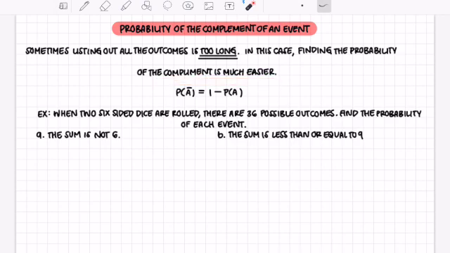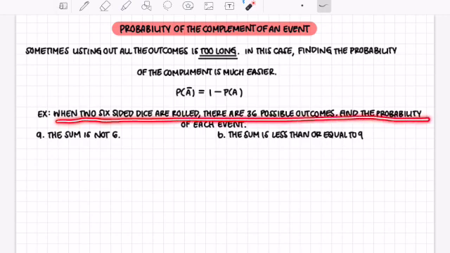And to find the complement, you pretty much find out what the opposite of your statement is asking you for, and you're going to be subtracting 1 minus whatever that outcome was. And you'll find out your answer by looking for the opposite outcome. So what I mean by that is, let's say for example we have 2 6-sided dice that are being rolled.